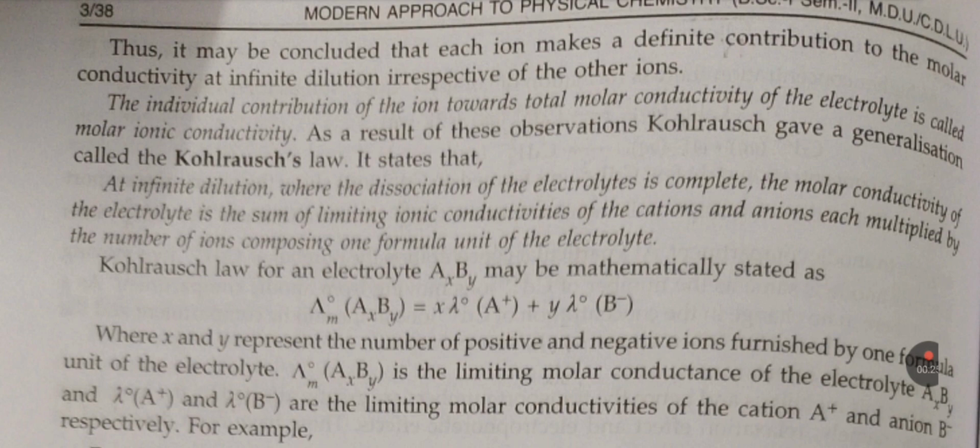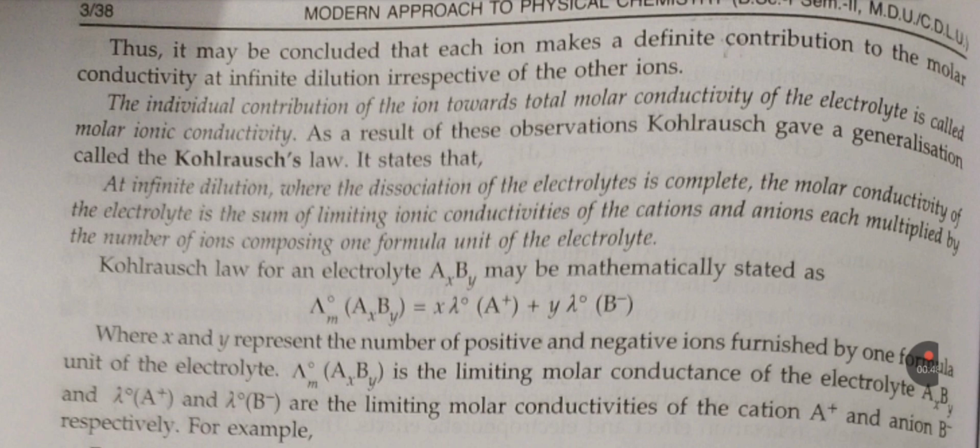It states that at infinite dilution, where the dissociation of electrolytes is complete, the molar conductivity of an electrolyte is the sum of the limiting ionic conductivities of the cation and anion, each multiplied by the number of ions composing one formula unit of the electrolyte.